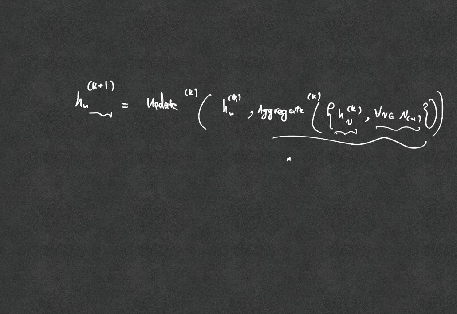And this can be written, for example, as M, because it basically comprises the message from neighborhood nodes.